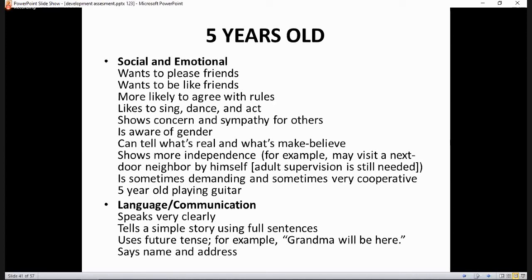They show more independence and may visit a neighbor's door next to the home, but with adult supervision. Sometimes they are defiant and sometimes very cooperative.